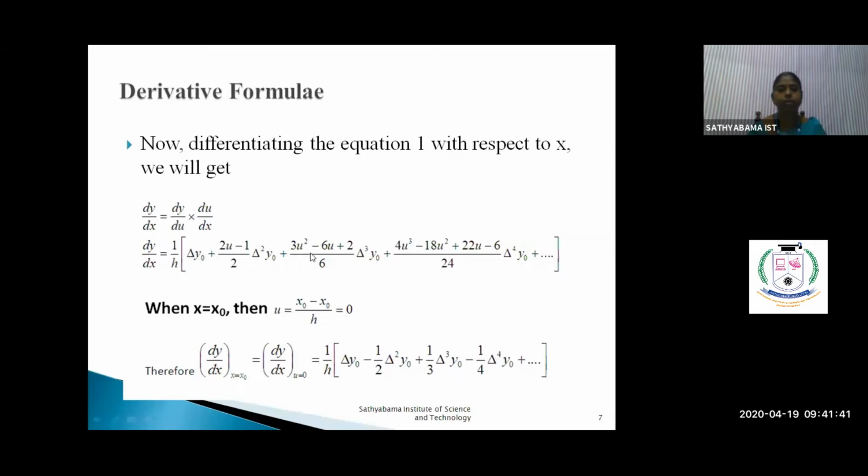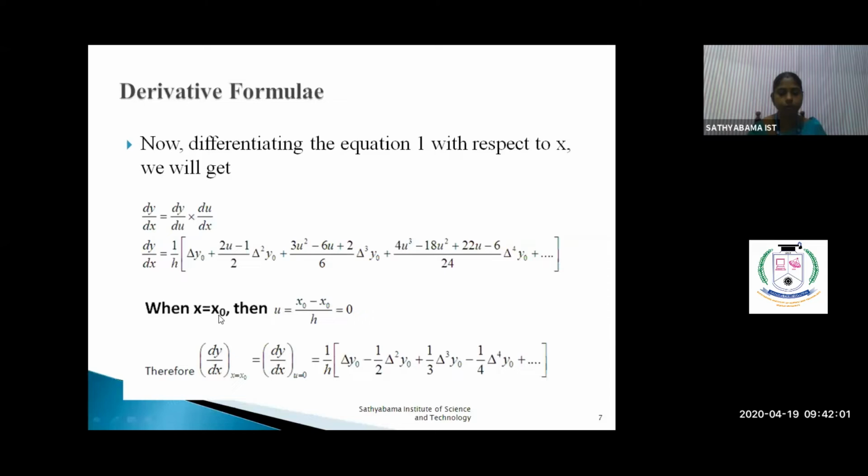Again here you put u equal to 0. So 2 by 6, that is 1 by 3 delta cube y naught. And put 0 in all the u's, you will get minus 6 by 24, that's minus 1 by 4 delta power 4 y naught plus etc. So where can I use this formula?